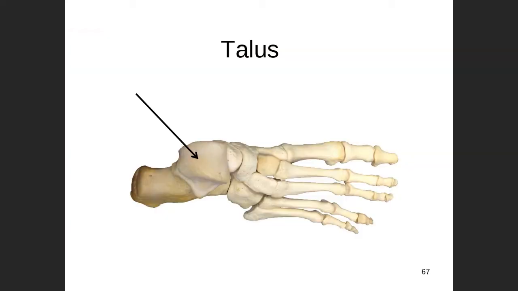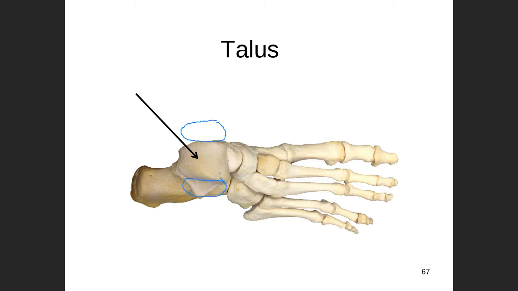All right, another superior view. I'm going to try to outline the talus here. There you go. That's the talus. And see, this is the dome of the talus right here where that arrow is pointing. You don't need to know that, but I say that because on the medial portion, your tibia, here's the medial malleolus, here's the lateral malleolus.